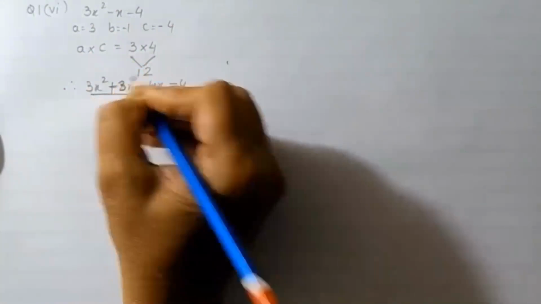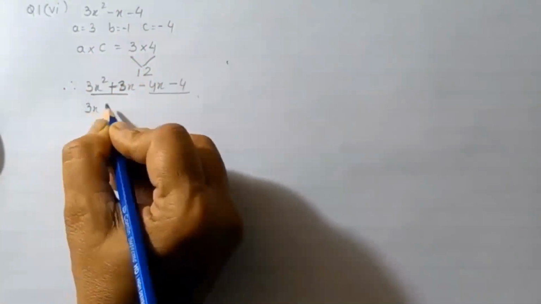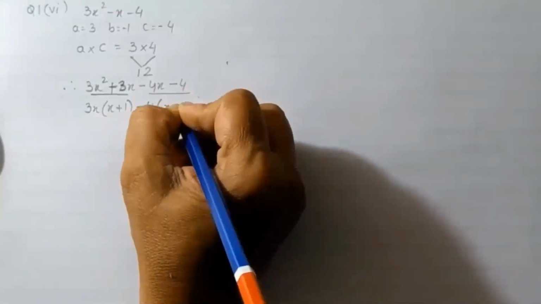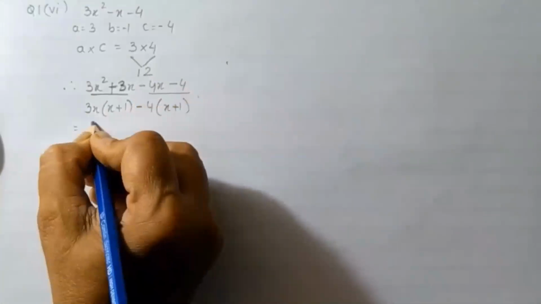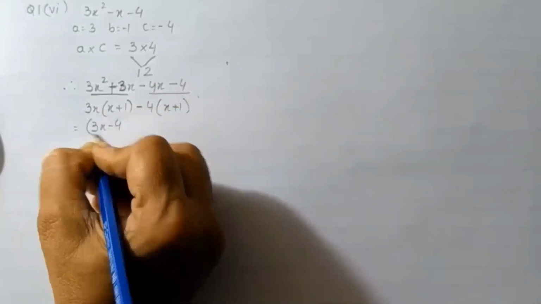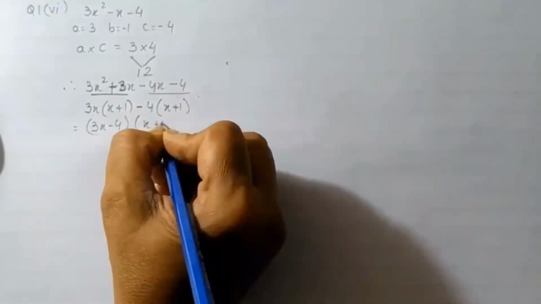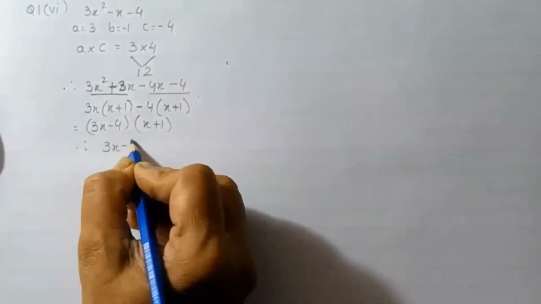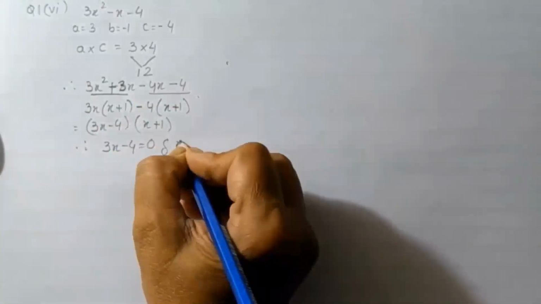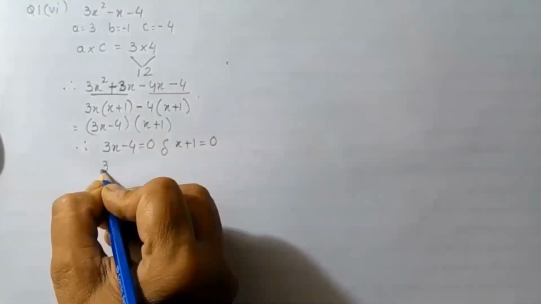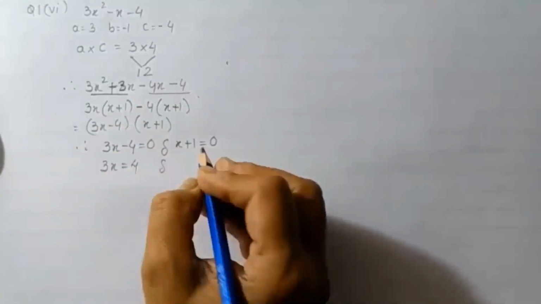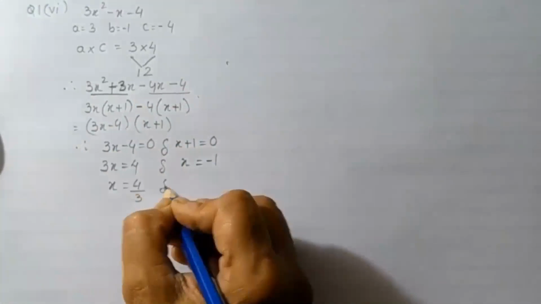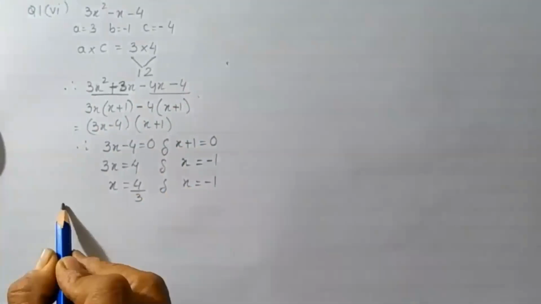And grouping this, we take out 3x from this and we get x plus 1, and we take out minus 4 from this and we get x plus 1. So the two factors are 3x minus 4 and x plus 1. So 3x minus 4 is equal to 0 and x plus 1 is equal to 0. So 3x is equal to 4 and x is equal to minus 1. X is equal to 4 upon 3 and x is equal to minus 1.